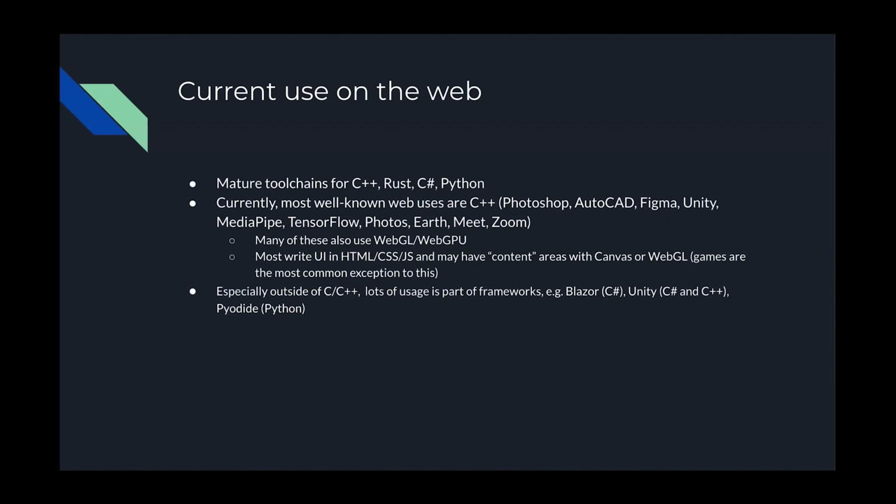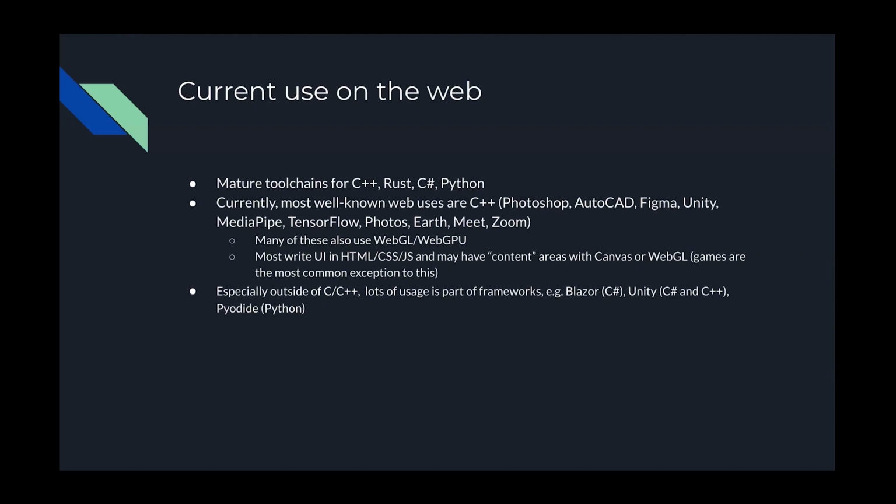Once you start getting outside Emscripten, many of these apps use frameworks that are more than just the compiler. So Microsoft has a framework called Blazor, which uses C# to develop apps that can be run on the client or on the server. There is Unity, which uses a mix of C# and C++ for games and similar applications.